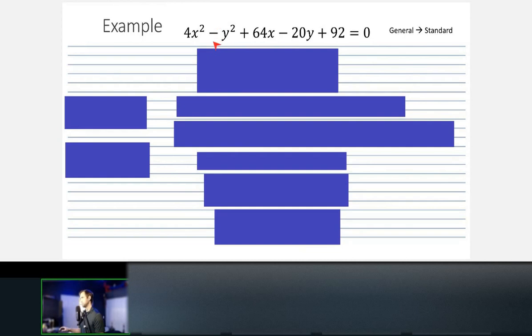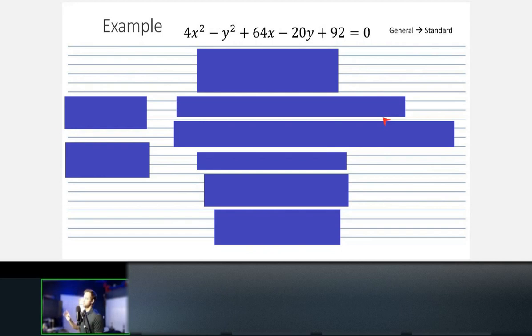So if that was a plus sign and one of your coefficients, or both of them, are any number other than a 1, it is an ellipse. Because that's a 4 in front of the x squared, that would be an ellipse. What if it was a plus sign and it was just x squared and y squared? What conic would that be? That would definitely be a circle.